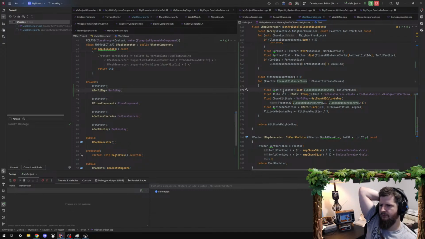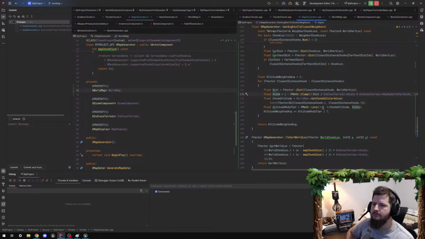And so I do want to do the 1 minus. Don't I? Yeah, because that would make it 0. And if alpha is 0, then we would get 0 altitude modifier. And divided by 3 would be 0, so plus equals 0.